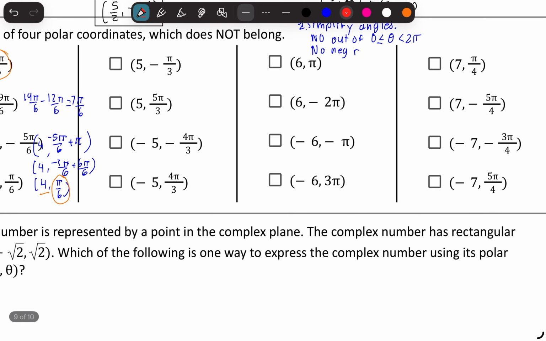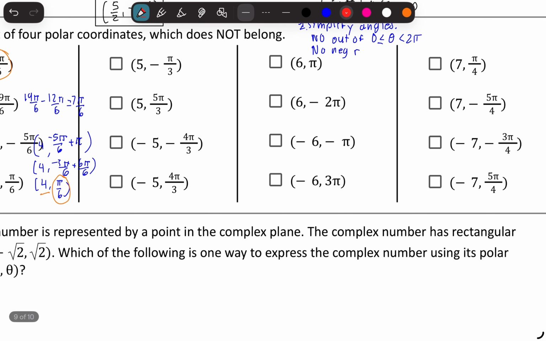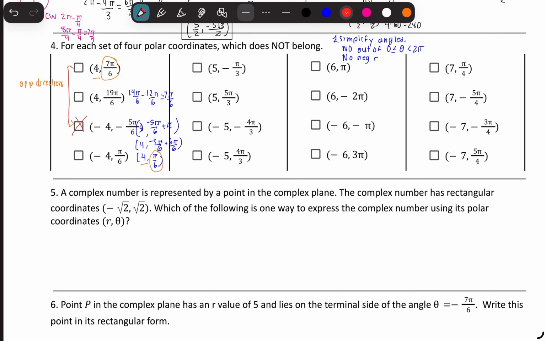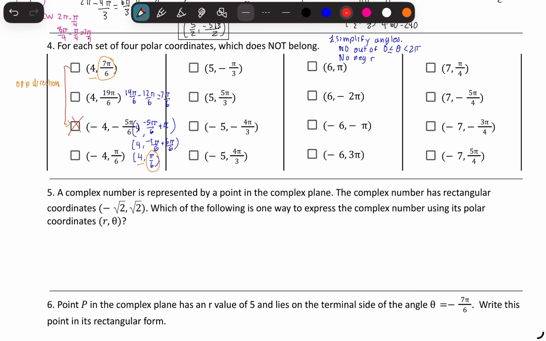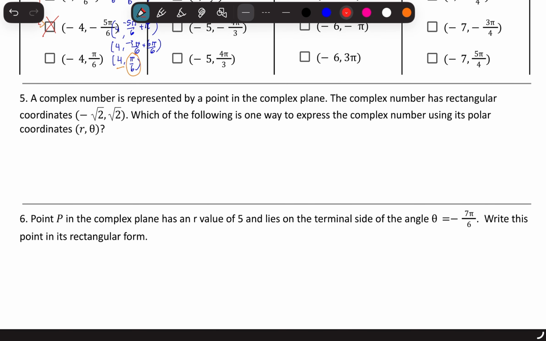Now, a complex number is represented by a point in the complex plane. The number has rectangular coordinates -√2, √2.